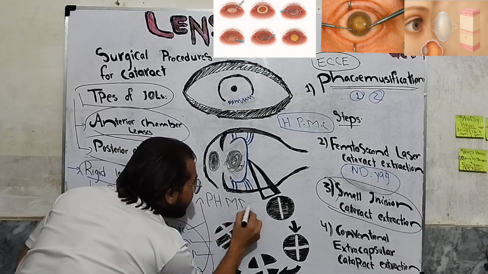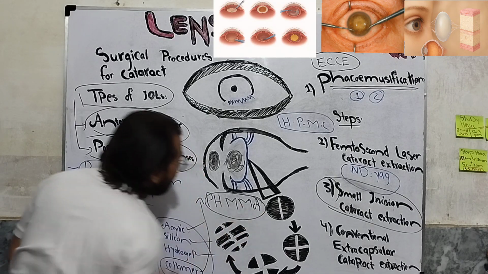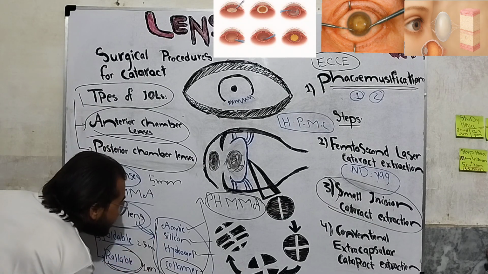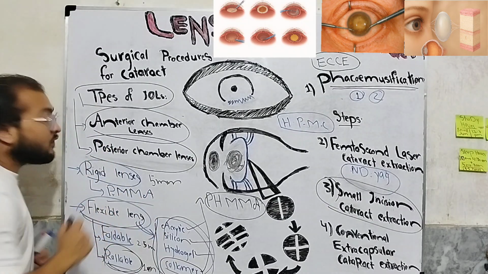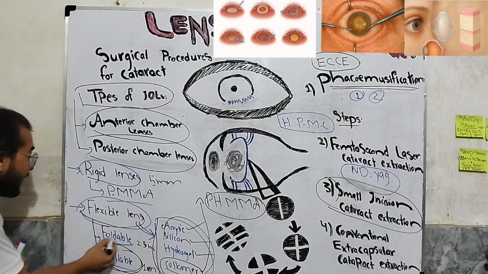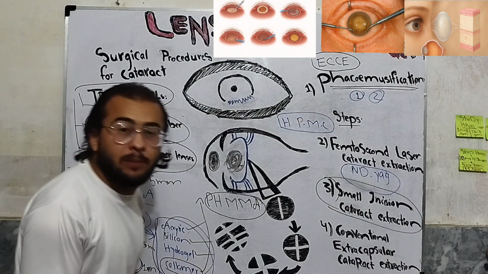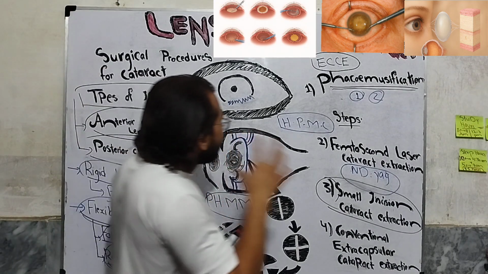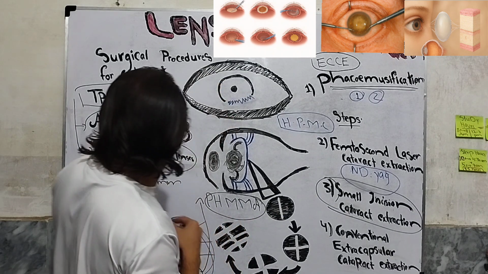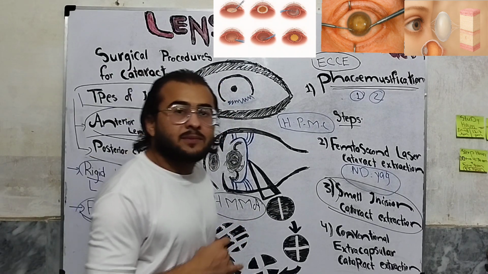So these are all flexible lenses, and in turn they can be foldable and even rollable. This was about the surgeries and types of lens.